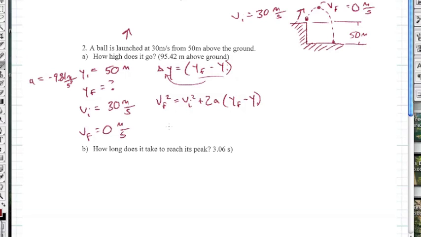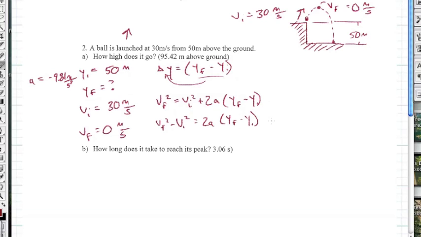Now let's rearrange it so we're solving only for YF. So what do I want to do first? I want to subtract VI squared from both sides. VF squared minus VI squared equals 2A times our YF minus YI.